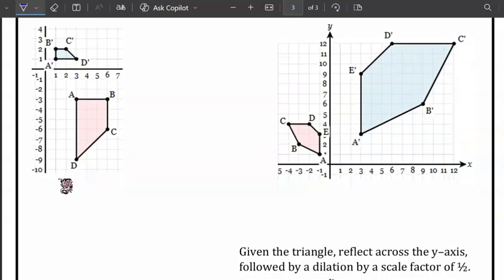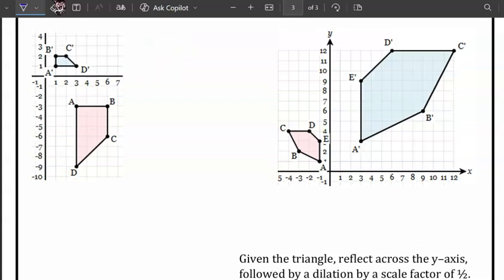Okay, so from this bigger one to the smaller one obviously has a dilation. Let's label our A's. So we're going to rotate 90 degrees counterclockwise.